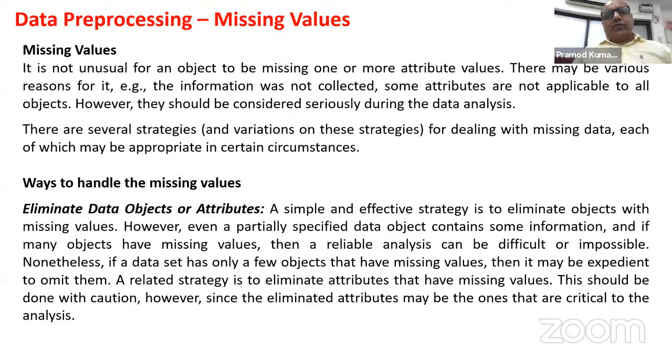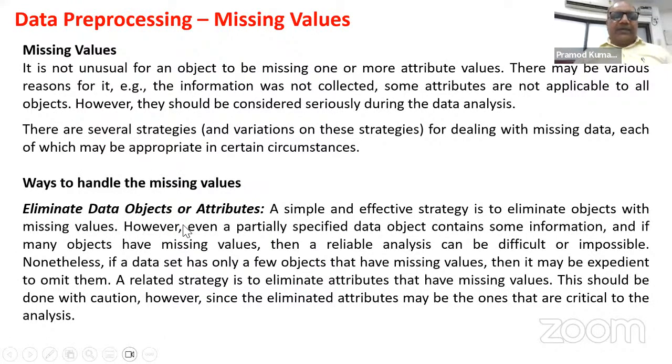I can just remove those 30, 40 objects, and out of 1000, 960 or 970 objects are still there. Those 30 may not be very important, and they may not disturb the pattern or the inherent knowledge which is there in the data set. So I will be able to find it out very easily.